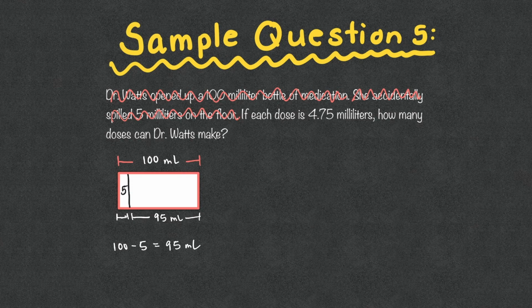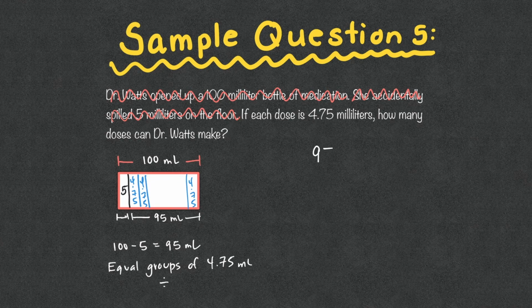Now, from that 95 milliliters, we can see that we're making doses of 4.75. So the first one's 4.75, the second one's 4.75, all the way down to the last one. So we're making equal groups of 4.75 milliliters, which means this is going to be a division problem.